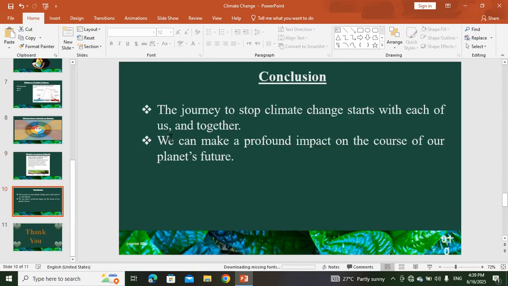The journey to stop climate change starts with each of us, and together we can make a profound impact on the course of our planet's future. So firstly, we will have to work upon these strategies to recover our climate.